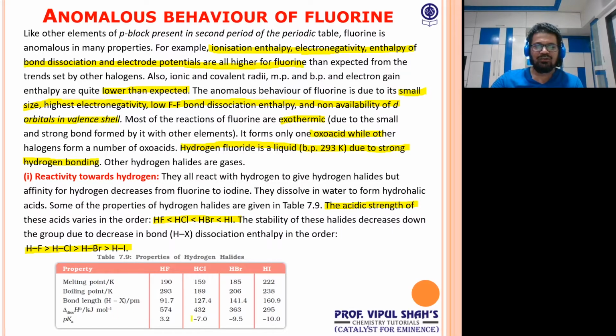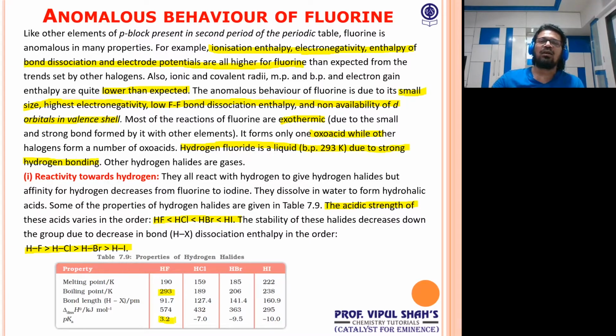Now here we have given the same values, the melting and boiling points. The boiling point of HF is greater as compared to the other ones. The reason is the same, intermolecular H bonding. Then bond length wise it's fine. Then dissociation enthalpy and pKa value.